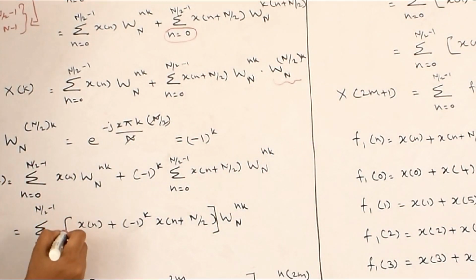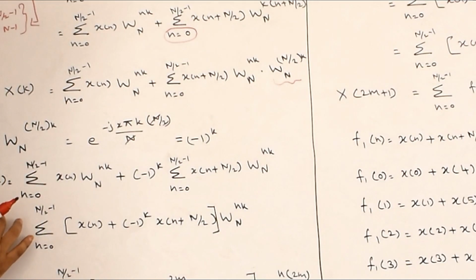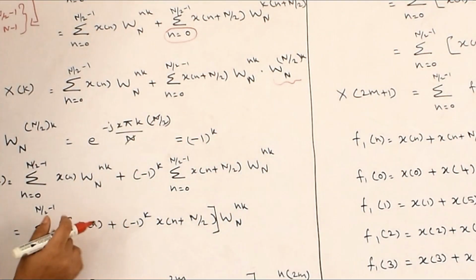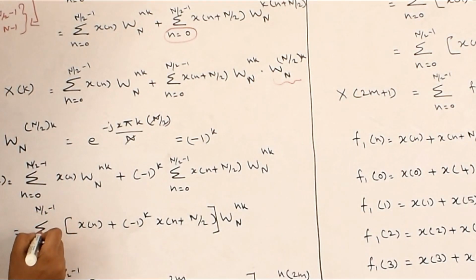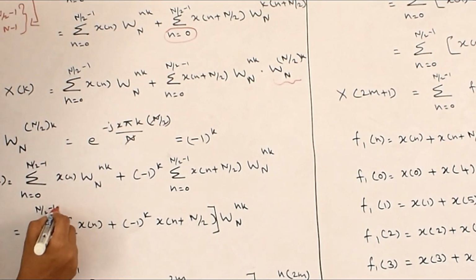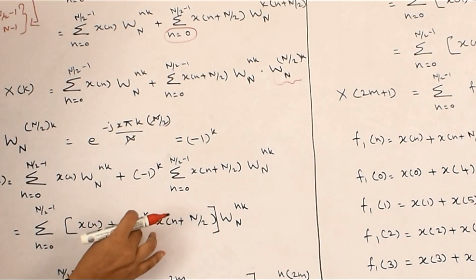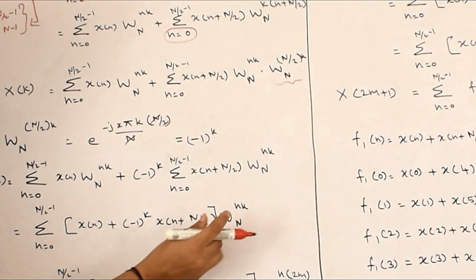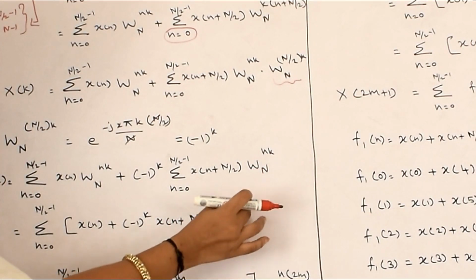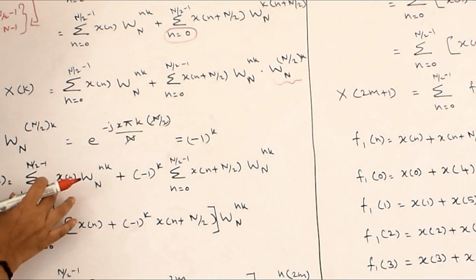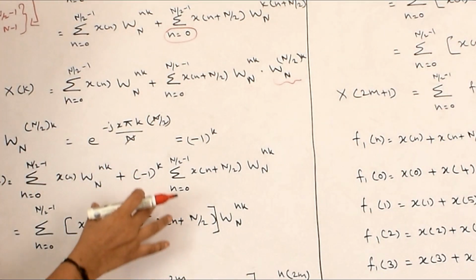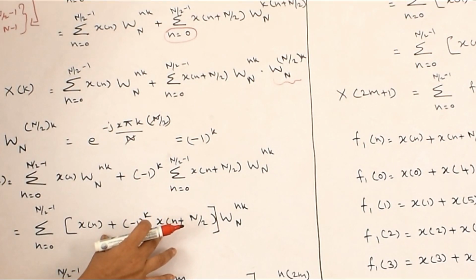Here I am taking the summation and W_N power nk as common terms, and I am rewriting this expression as summation n equal to 0 to N by 2 minus 1 of x of n plus minus 1 power k x of n plus N by 2, into W_N power nk.